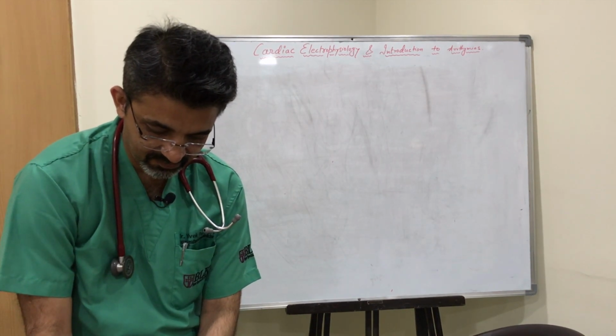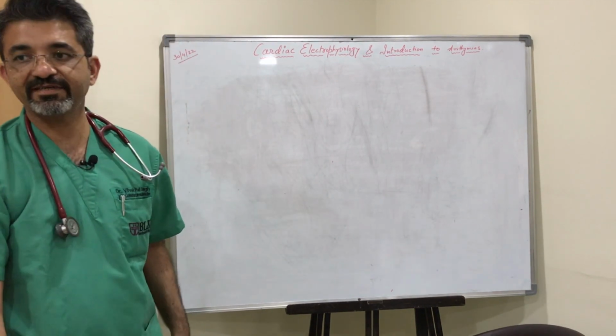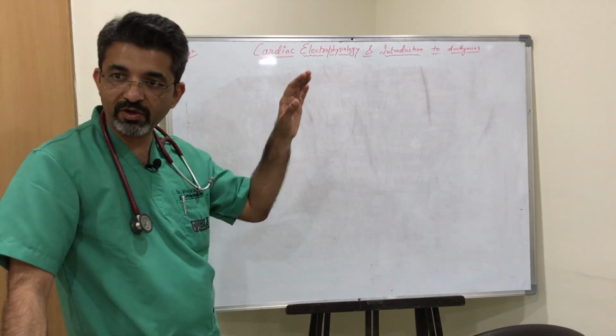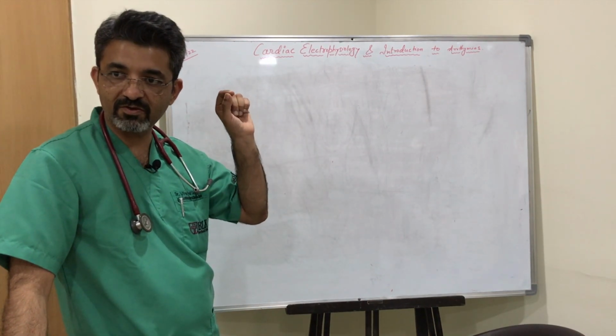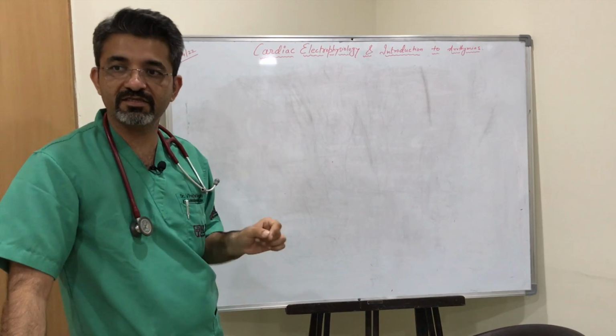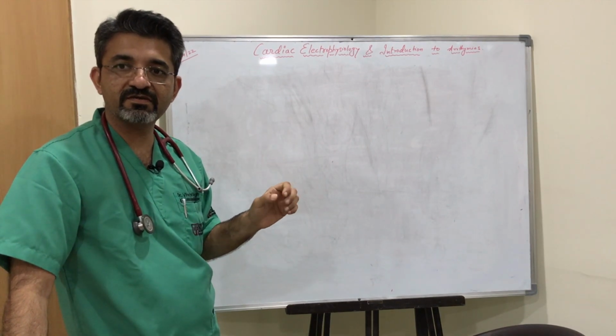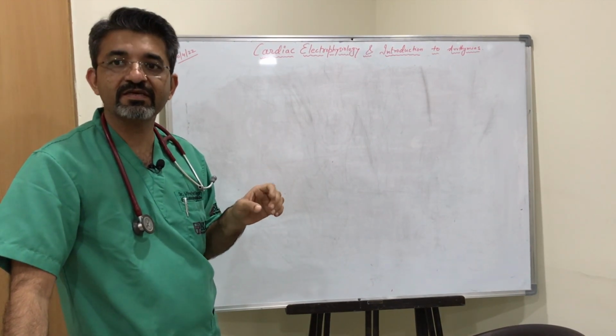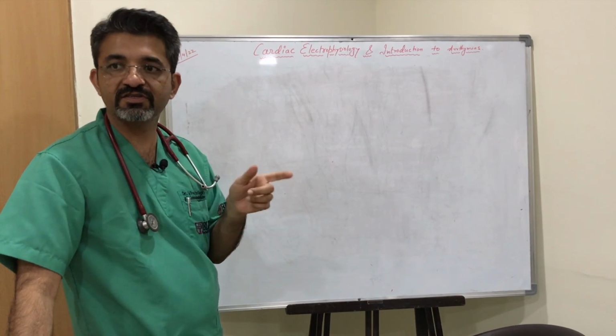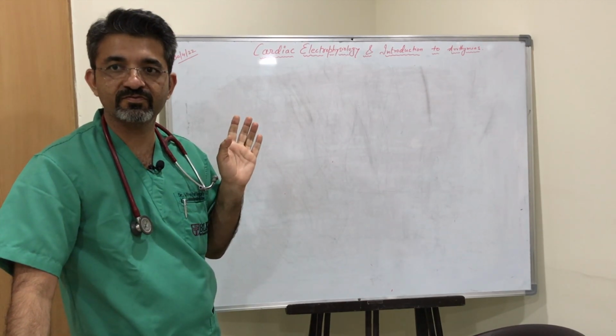And in the next class, we will be doing ECG identification parameters of all bradyarrhythmias and all tachyarrhythmias, and we'll try to cover the medical management, long-term treatment, and surgical management of arrhythmias. Right? Thank you very much.